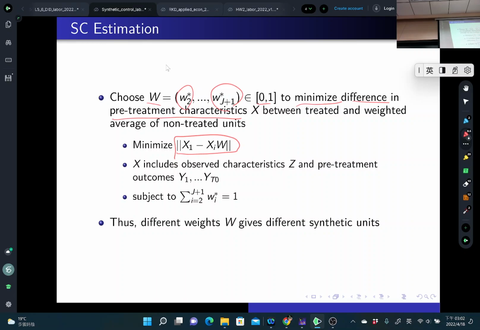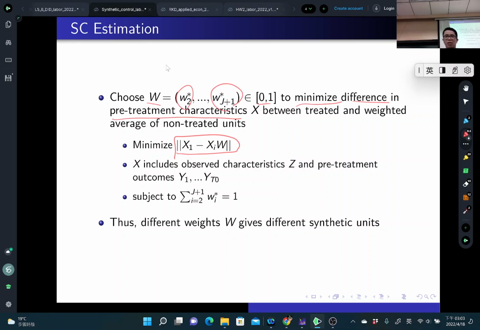And the X also includes the pre-treatment outcome, that is, the outcome from the beginning until the period right before treatment happened, Y at T0. After time T0, treatment happened. So we want to minimize the difference for each time period between the non-treated units and the treated unit by choosing the weight.